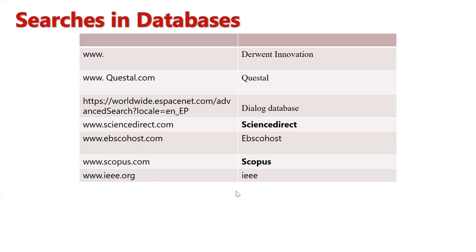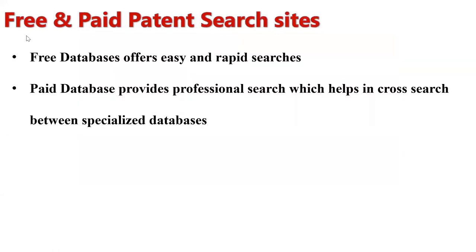There are also paid patent searches. The free database will help us search in the first instance, but once we decide that I'm sure my product is patentable and novel, then I have to go to the paid database.